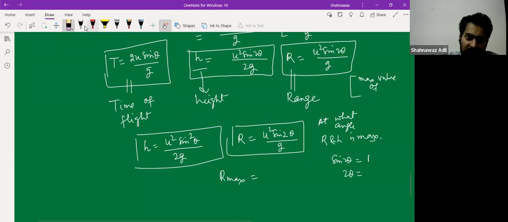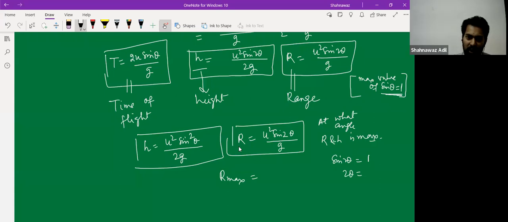Abhinav. Maximum value of sine theta will be what? 1. Yes, right, 1. Because the range of sine theta is -1 to 1. Okay. So the maximum value that sine theta can have is 1.